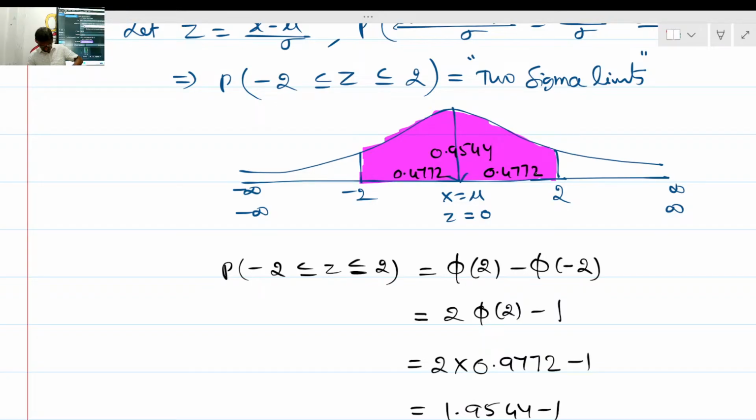One minus 0.9544 gives you these two combined values, 0.0456.